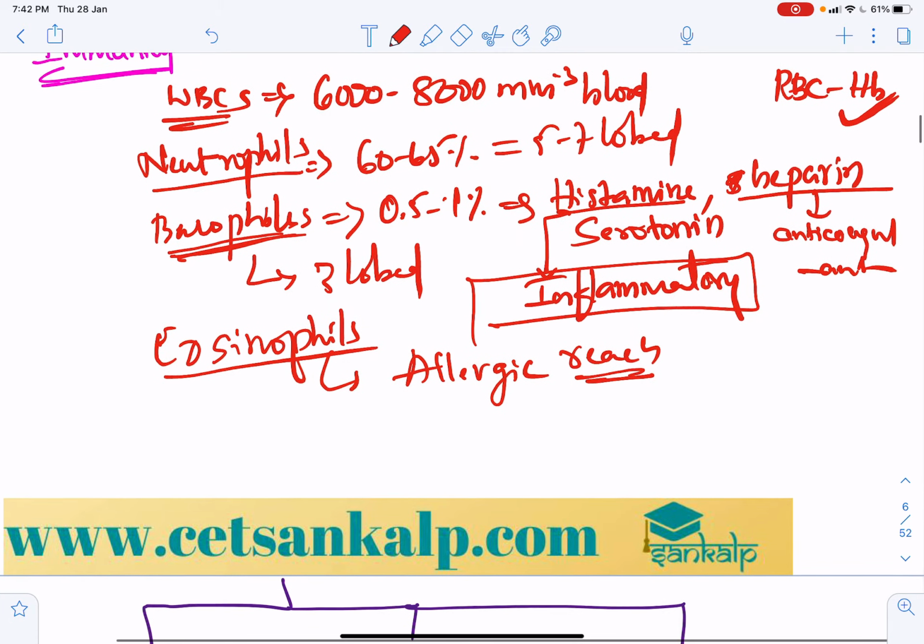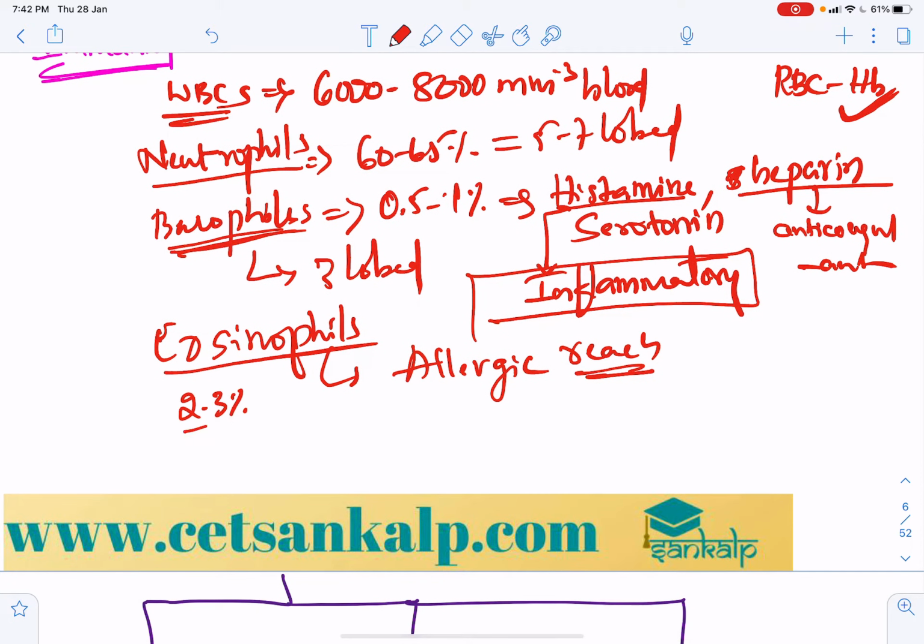They generally form 2 to 3%, which can increase up to 60% in the body during infection, that is, allergic reaction. That is very important, and initially it helps to resist the infection.